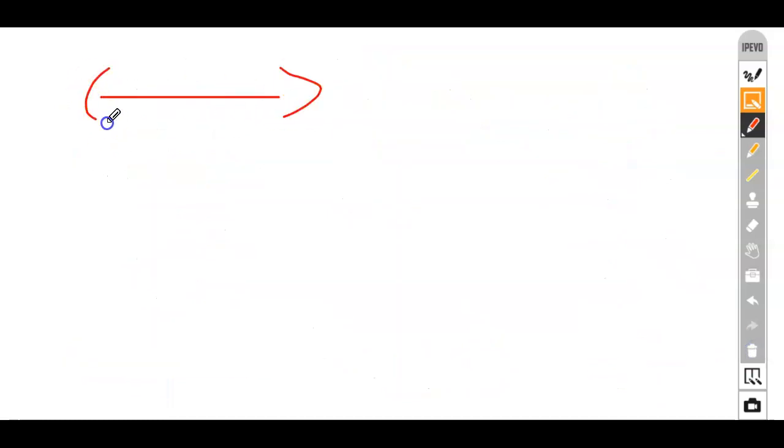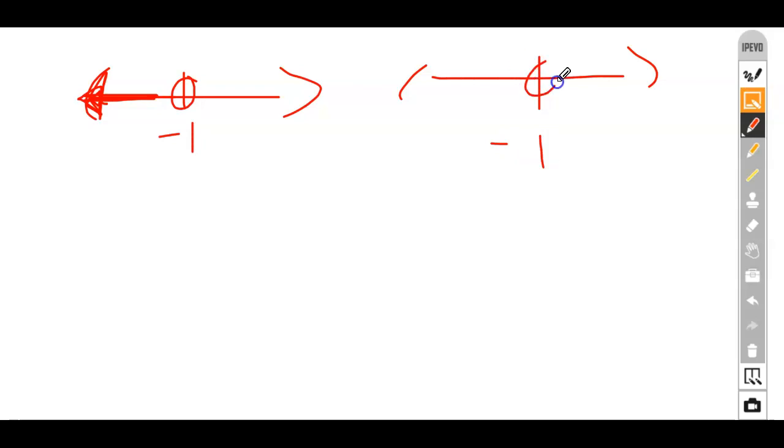If my graph was at -1, what would this be solution-wise? All, some, none, or 1? What do you think, Brianna? 1 solution in common? What would that solution be in common?